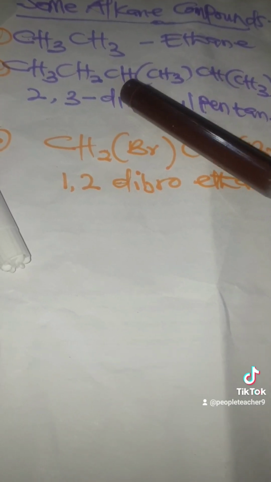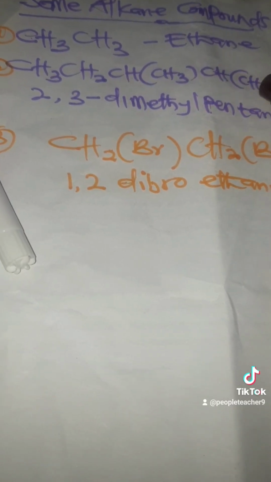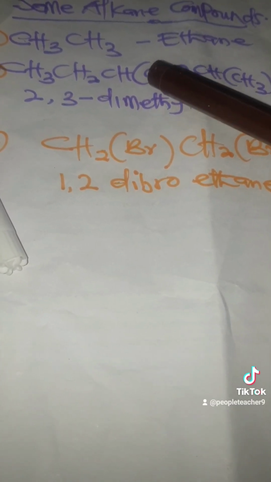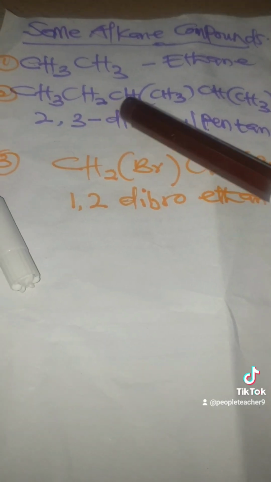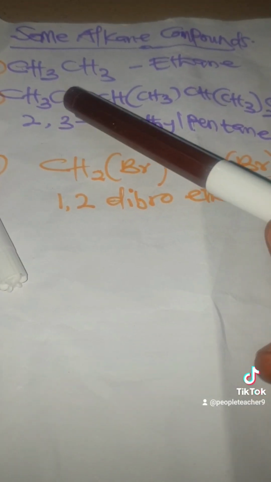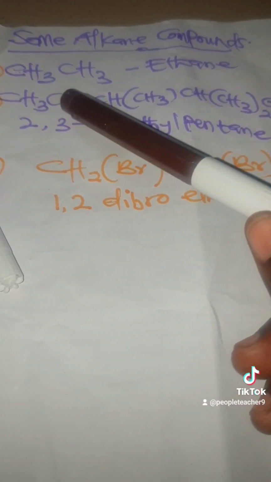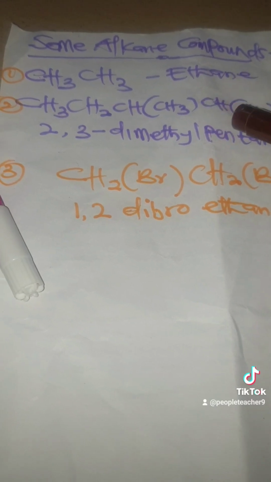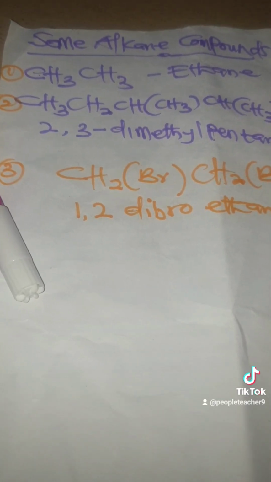So in front of this there will be 2 more carbons. If we decide to branch on this, it will not be the longest carbon chain in the compound, and that is how come we decide to take the longest, which is 1, 2, 3, 4, and then 5.